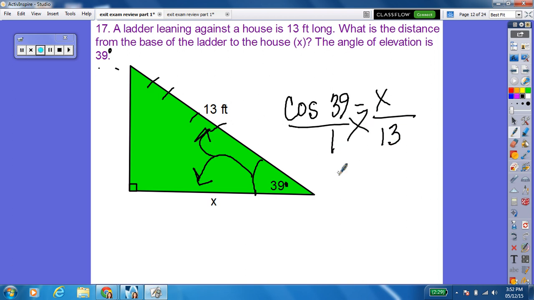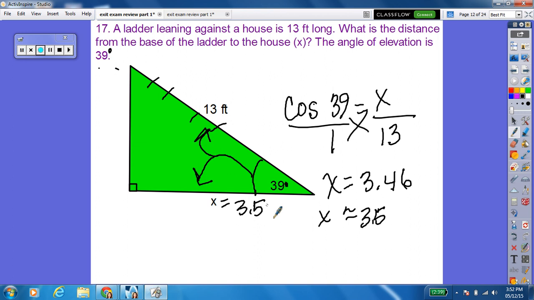We're going to cross multiply here, x equals cosine of 39 times 13, and we get 3.46. So we're just going to round it to 3.5. So it's about 3.5 feet away from the house.